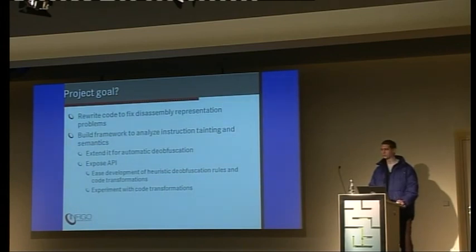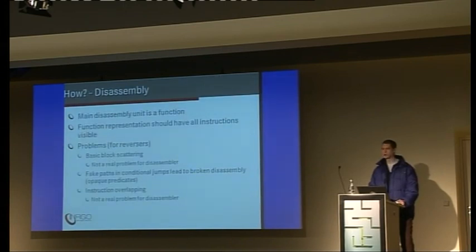Extend it for automatic deobfuscation, so after you have a basic framework that allows you to analyze and instrument assembly code, you can write your own transformations and transform that assembly into something that removes all the unnecessary stuff that you're not interested in. And in the end, expose an API that allows everyone to use it and extend it. So, the first problem is disassembly.